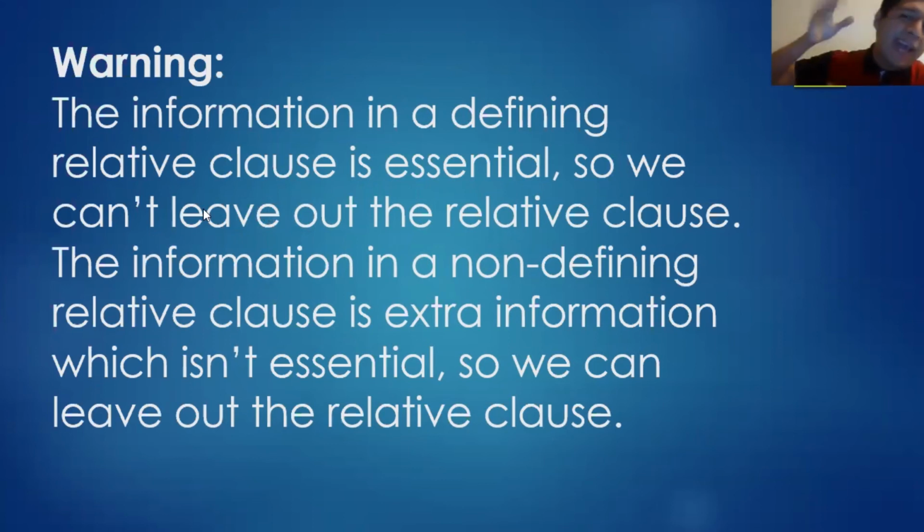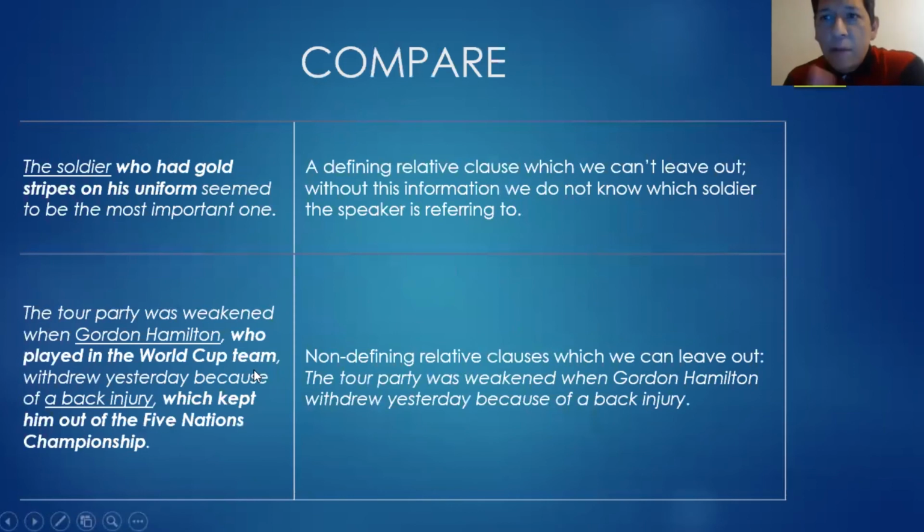So we can leave it out of this relative clause and nothing happens, okay? The sentence still makes sense, it's correct, it's good, nothing happens. So have that in mind. Those two definitions. Defining clauses, we need the extra information. Non-defining clauses, we don't need the extra information. Okay? Now, let's make a comparison.